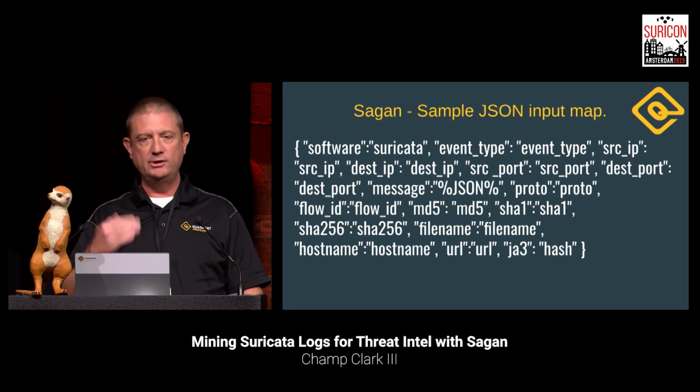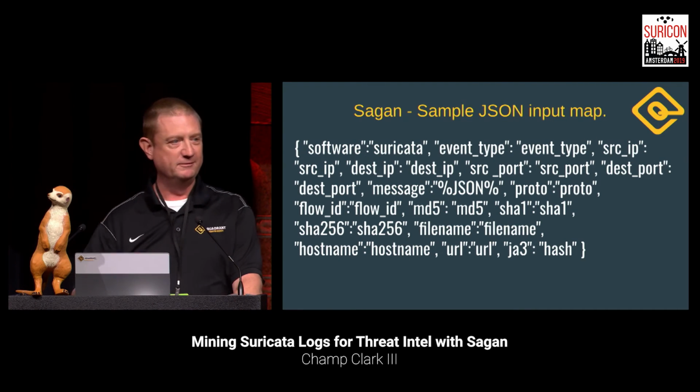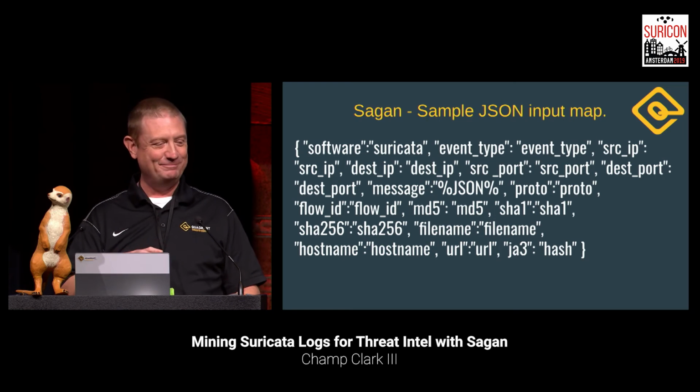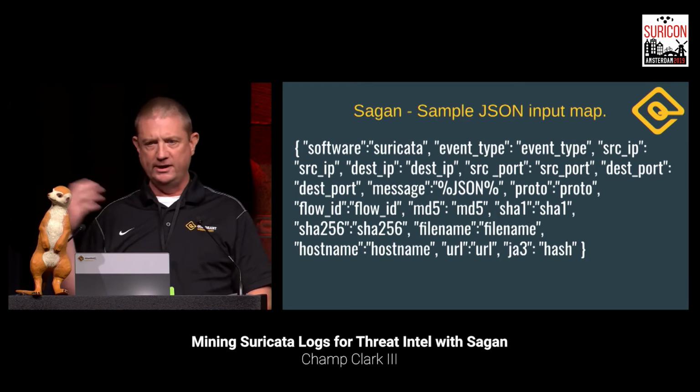The reason is because as I said, the Sagan side has some similarities to the Suricata side, and we blatantly sometimes just say, "Wow, that's a really great idea," and then pull it directly from Victor and everybody else. So a lot of the mappings will be the same. The idea here, though, is like, let's say you had some other forwarding device that did JSON.